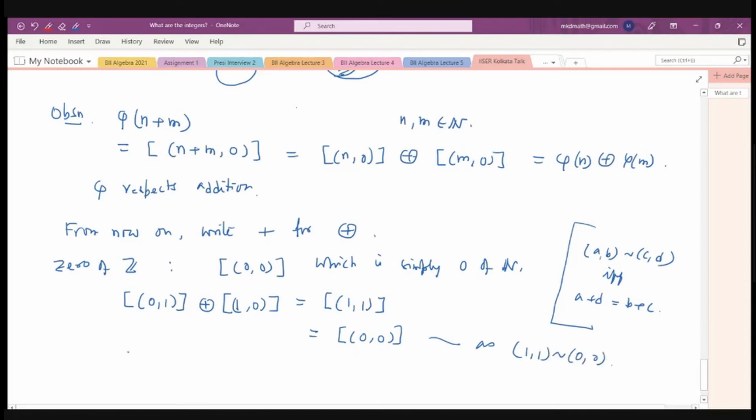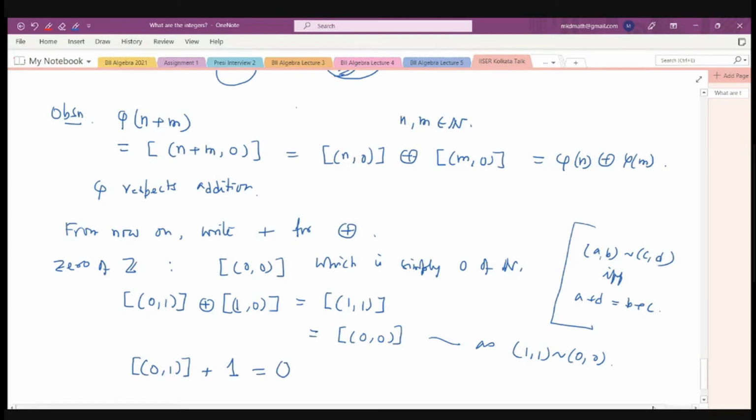So what have you got? Let me write it in this symbol plus. Now (1, 0), I can identify it with the natural number 1. So the natural number 1 is sitting inside Z in this fashion, and (0, 0) is simply 0 of natural numbers.